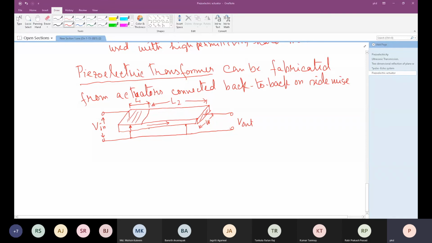So in AC mode, these L1 and L2 need to be chosen corresponding to a multiple of half wavelength.